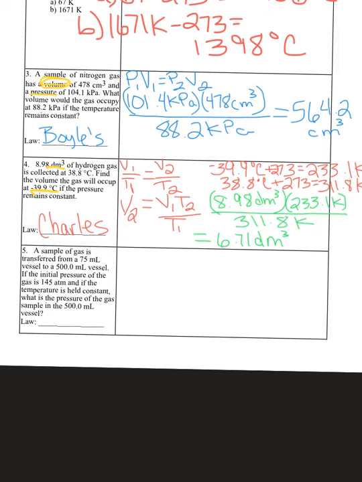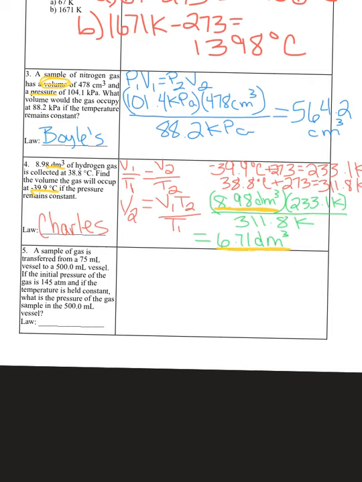So we are expecting the volume to decrease, right? Decrease in temperature, decrease in volume. And that's exactly what happened. Our volume started out at 8.98 decameters cubed, and the temperature decreased. So the volume decreased as well.